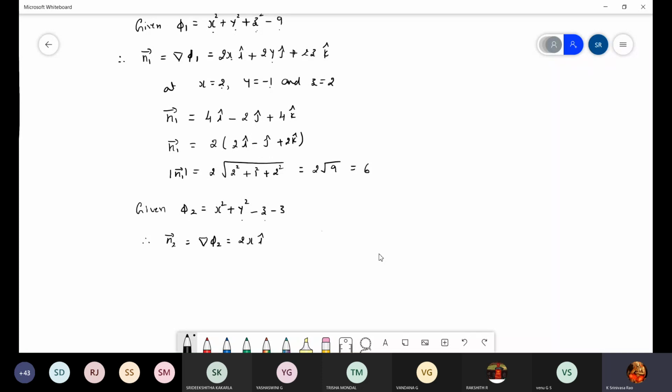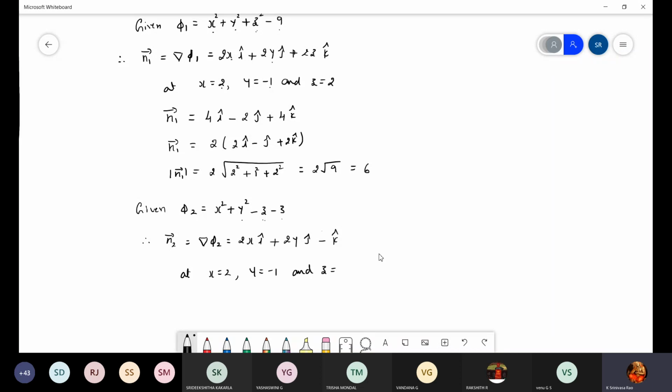With respect to y, only y square is the derivative, that is 2y j cap, and with respect to z, only minus z, that is minus k cap. So this is n2.